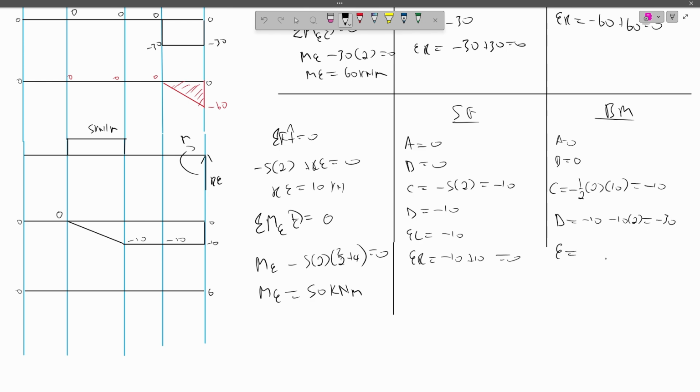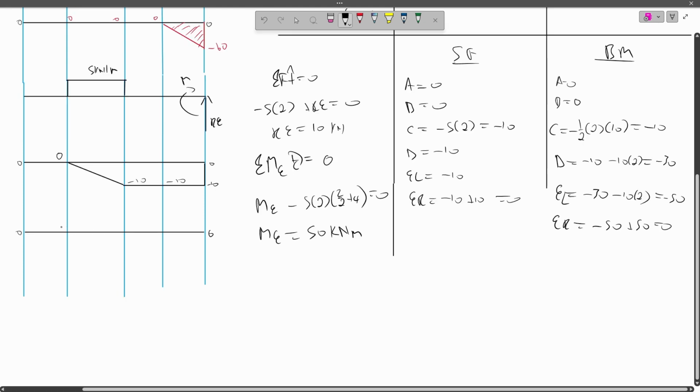And then our E will be minus 30 minus 10 times 2, which is minus 50. That's A left. And then our A right will be minus 50 plus this 50, which is back to 0.